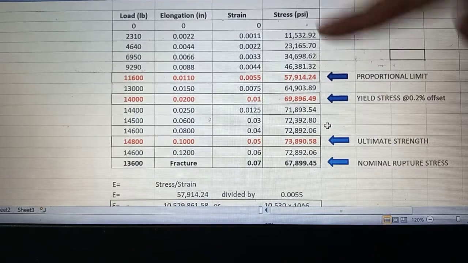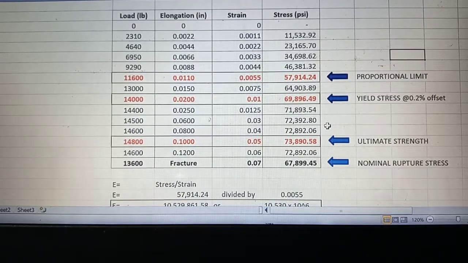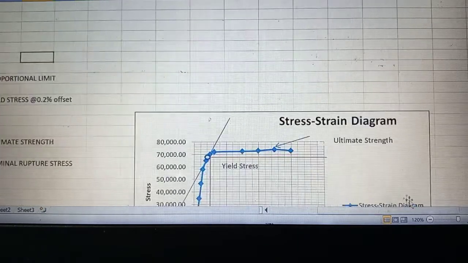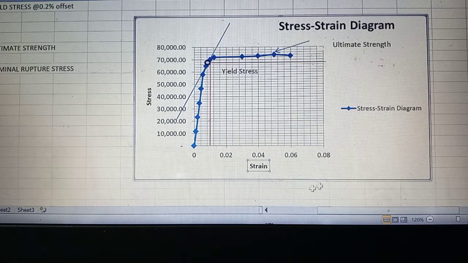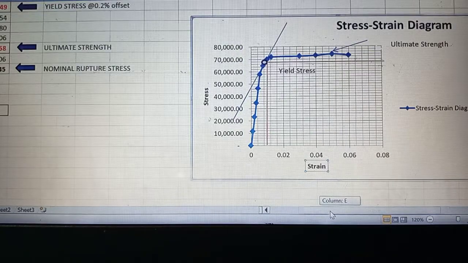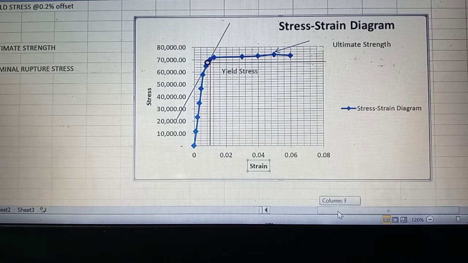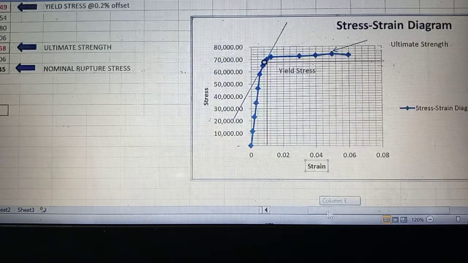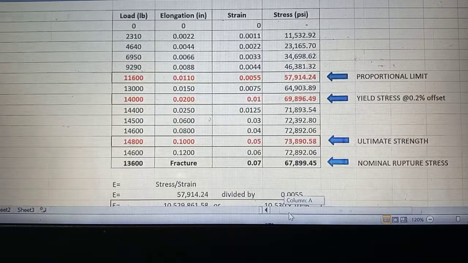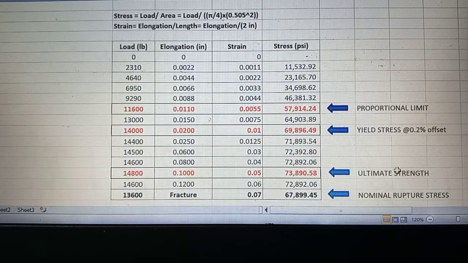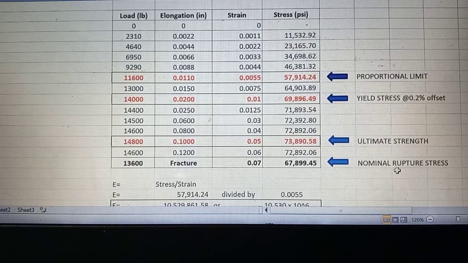From the strain and the stress, the x-axis here is the strain and the y-axis is the stress. It's easier for me to plot using Microsoft Excel. So from load and elongation, we got the strain and the stress.